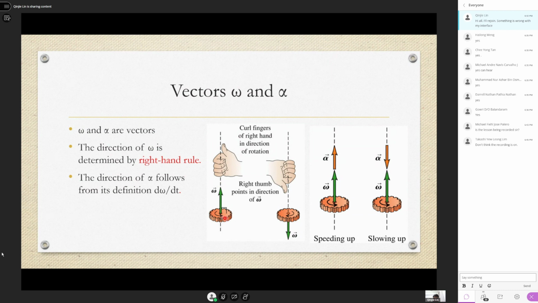So for rotation that is rotating like this, omega, the angular velocity, if you want to refer to the direction, is pointing upwards. Following the same concept, if this gear here is rotating the other direction, use your right hand rule, your thumb in the end will point downwards. So the direction of this will be downwards.